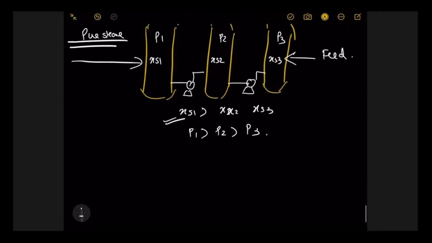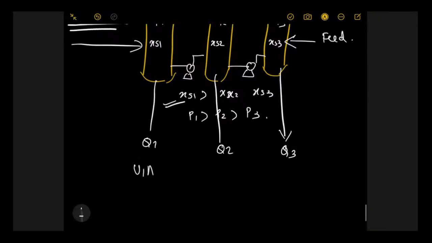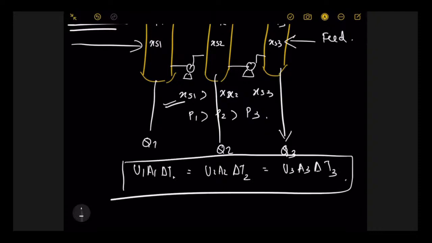And at steady state, if this is Q1, this is Q2, it is applicable for backward, and U1 A1 delta T1 is equal to U2 A2 delta T2 is equal to U3 A3 delta T3. At steady state, you can write this.